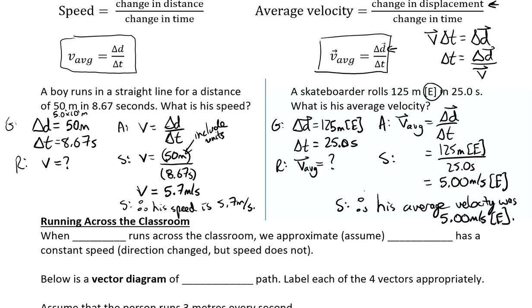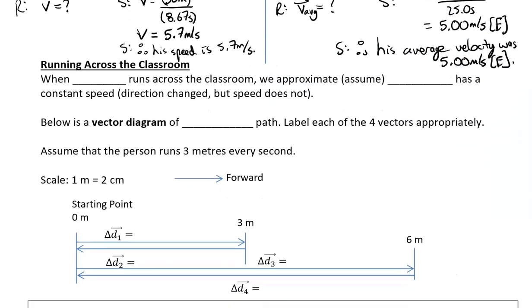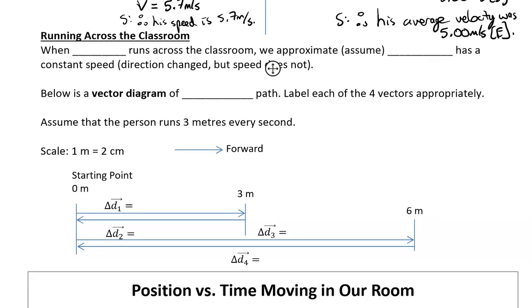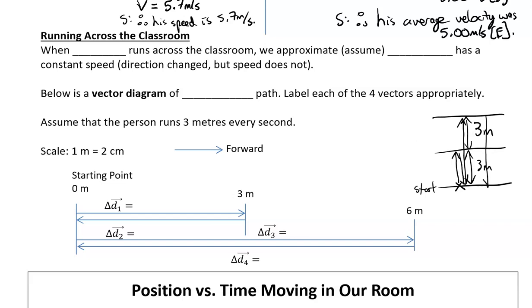All right, so let's talk about a situation of running across the classroom. I don't have someone here with me to actually do this, but if we were to have on the ground a line that was 3 meters from the starting point, let's say we start here, and then another line that's 3 meters further away, what this is modeling, what you see in the arrows below, is someone is going to start here, run 3 meters, come all the way back, run 6 meters, and then come all the way back again.